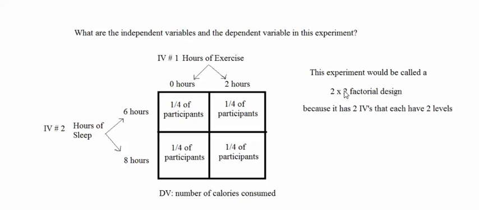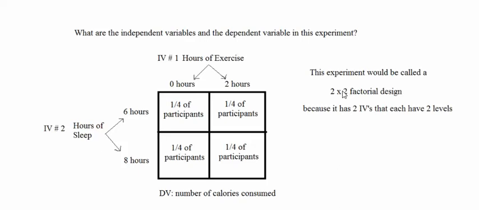This other number right here is the number of levels of the second independent variable. So in this experiment, the second independent variable is hours of sleep, and it has 2 levels, 6 and 8. So basically, this is just 2 levels of sleep. So we have 2 levels of exercise and 2 levels of sleep.